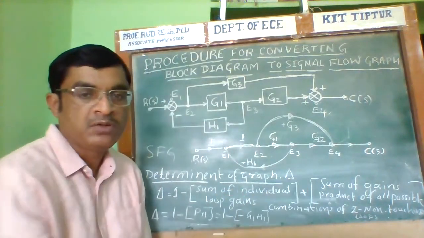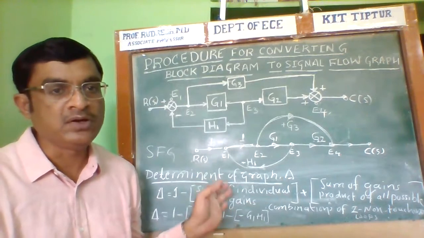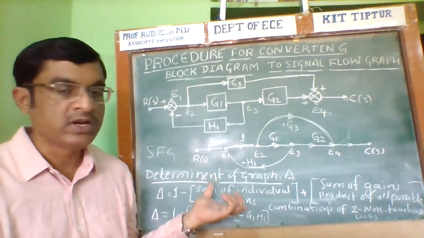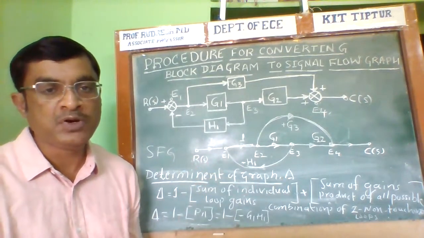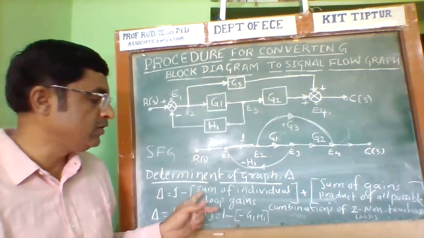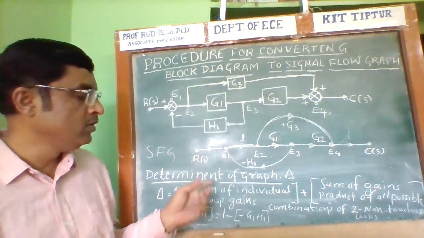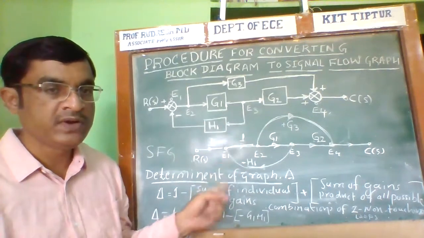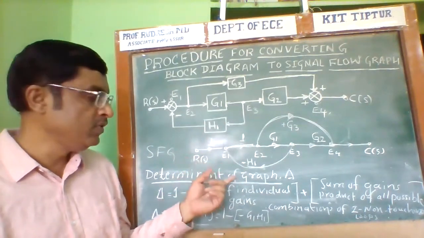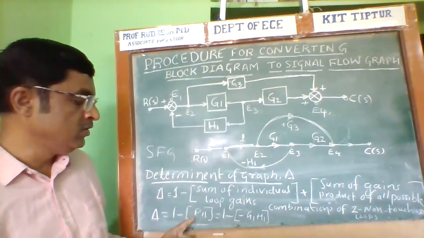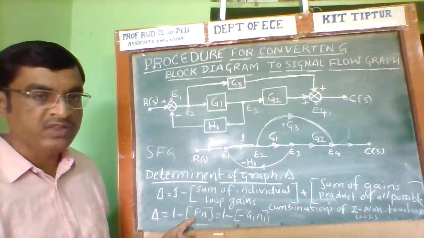This is the standard formula. We should remember it, and this writing is also very important. Here, the sum of individual loop gains is what we found in earlier steps. P11 is the gain of loop 1.